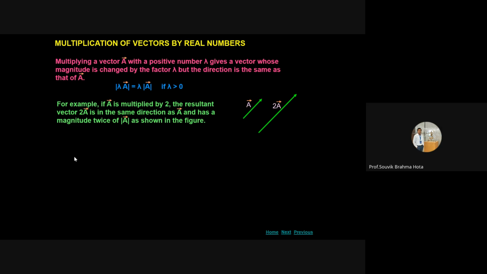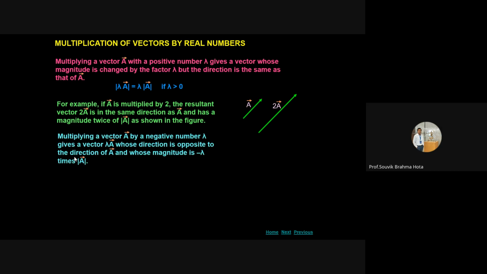So almost twice the distance. Now multiplying a vector A by a negative number lambda. If you multiply any vector with a negative constant lambda, that will give you lambda A, whose direction is opposite to the direction of vector A. Therefore lambda A is equal to minus lambda times the magnitude of A, if lambda is less than 0.